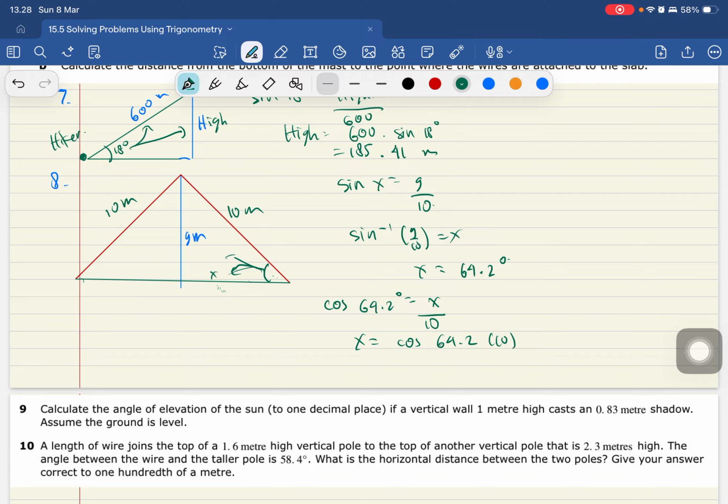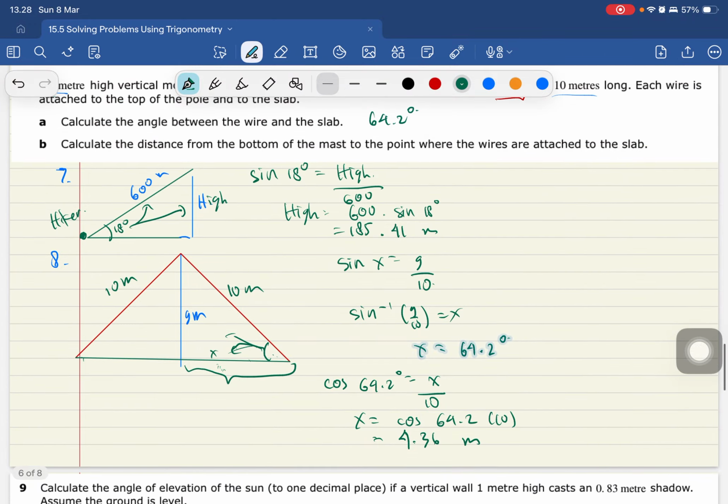Please use a calculator. So cos 64.2 multiplied by 10 is 4.36 meters. So the distance from the bottom of the mast to the point where the wire is attached to the slab is 4.36 meters.